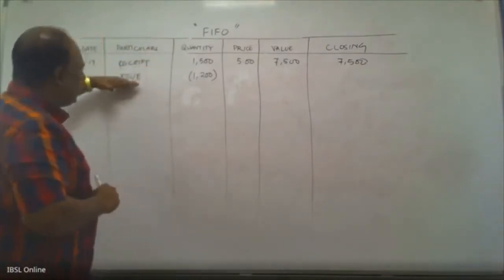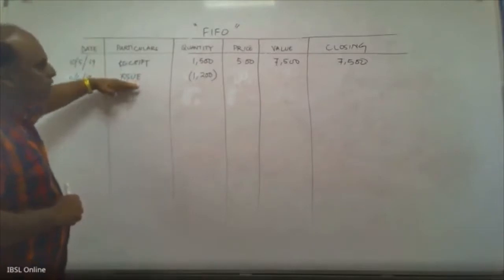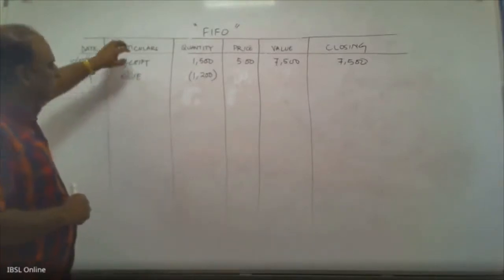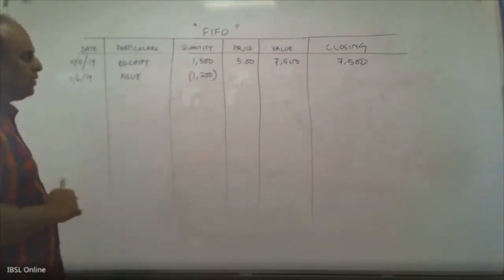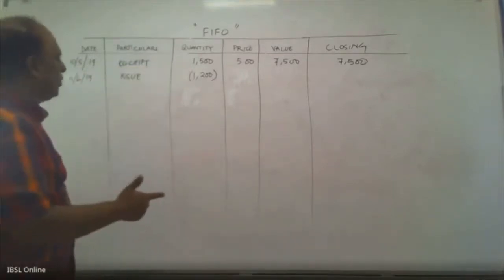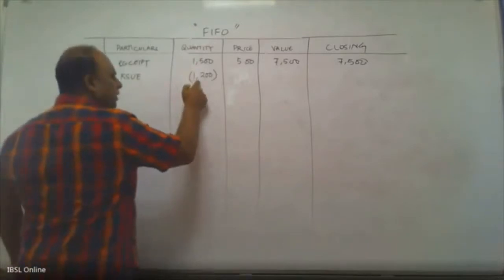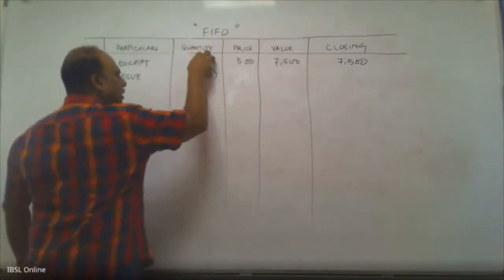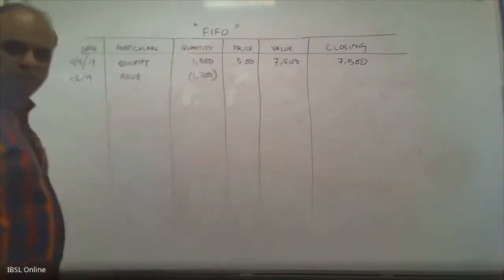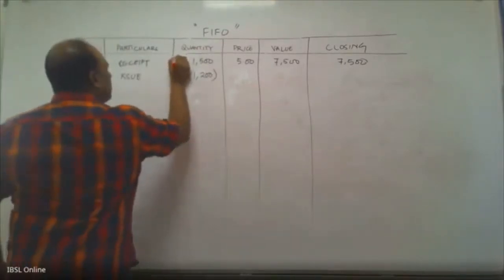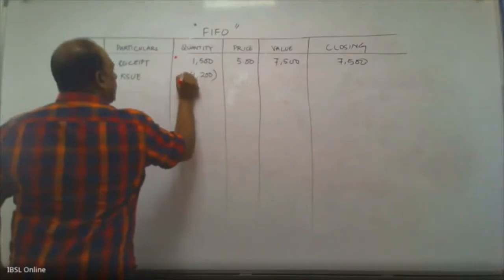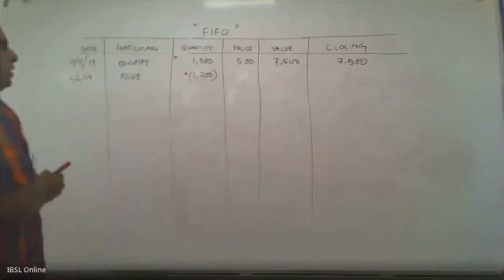So prior to this date, what I have received first is only this. So what is going to happen? I am going to issue 1,200 units from this 1,500.